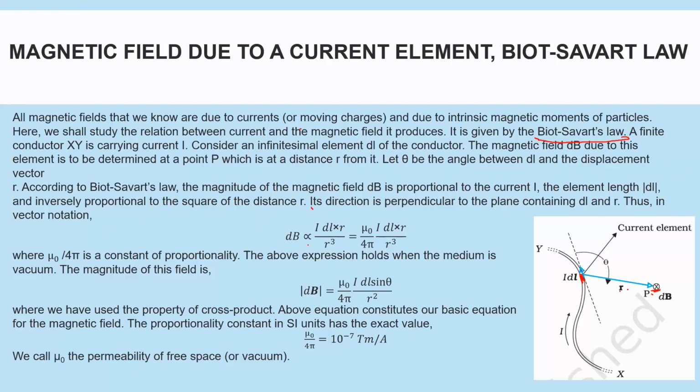You can see again, even this follows the principle of the inverse square law. Its direction will be perpendicular to the plane containing dl and r. So in vector notation we can write that dB is proportional to I dl cross r upon r cubed.